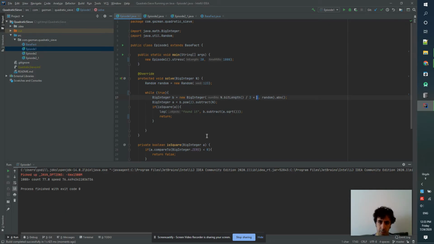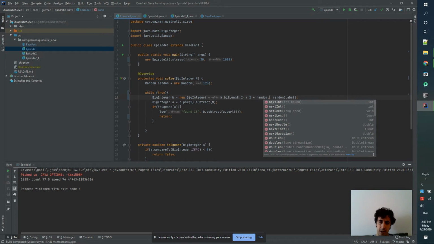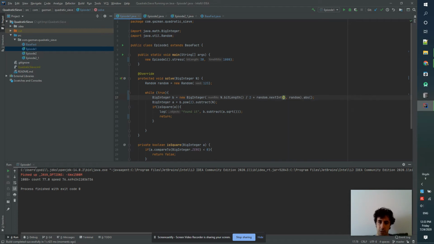Okay, so the problem is that it doesn't stop for some numbers because they are not exactly n bit lengths divided by 2 plus 1 of the size. So let's change it to accept more options and try it now.